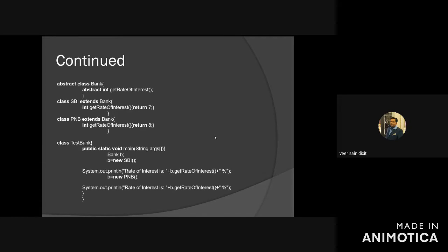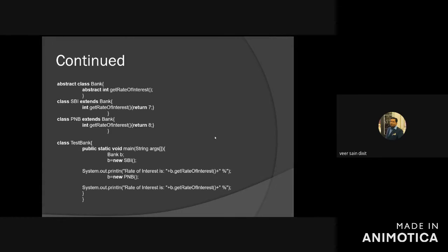Now another example of the abstract class is abstract class Bank, in which you have created a method getRateOfInterest, the nature of which is returning integer type and abstract.